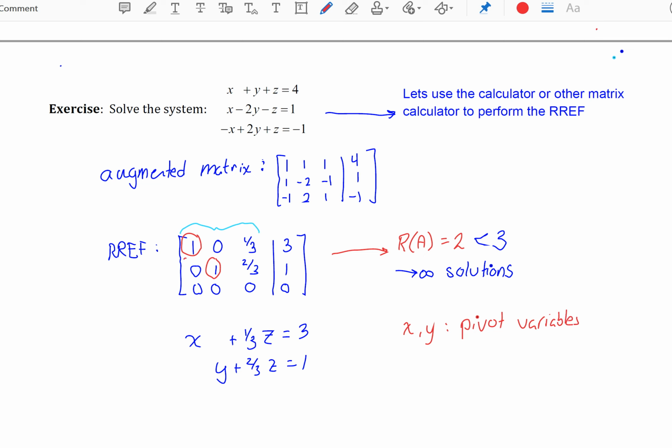These correspond to the two pivot numbers that we had. Z, that's your free variable, which I would like to introduce some other variable to represent it. So let's use T.